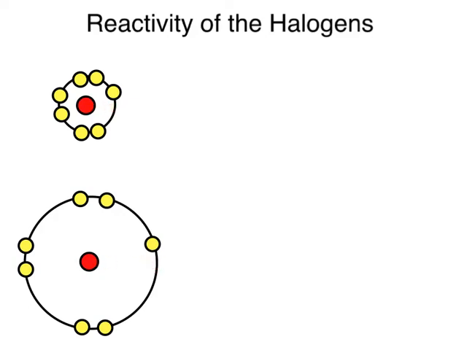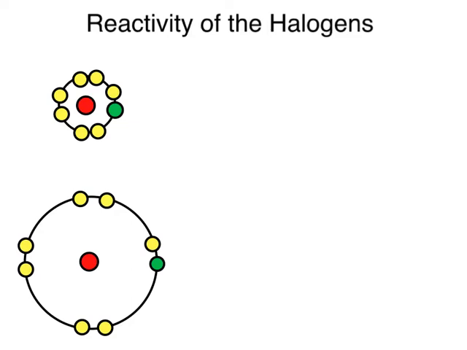So if we had a spare electron or two, the smaller halogen would attract that electron to its outer shell a lot more than this one, and it's purely because of the attraction between the positive nucleus and the negative electron. So there's less attraction here than there is here.